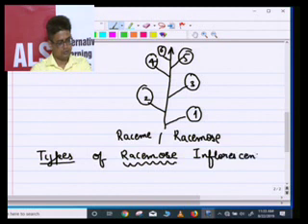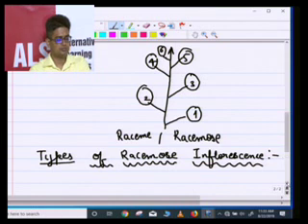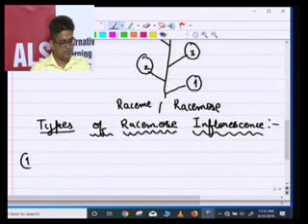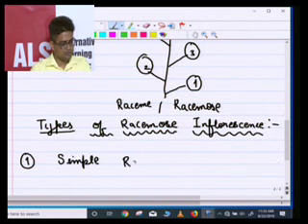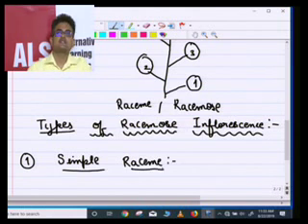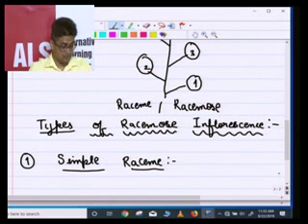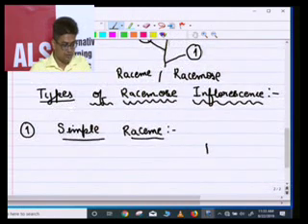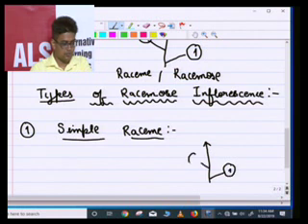So the first type of racemose inflorescence is the simple raceme. Simple raceme is what you have already seen. It is the unbranched racemose inflorescence. There is no branching of the flowering axis.